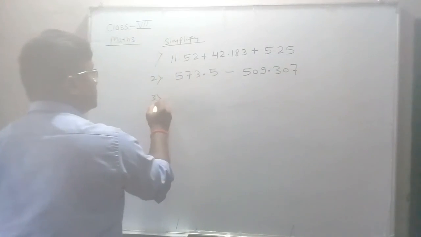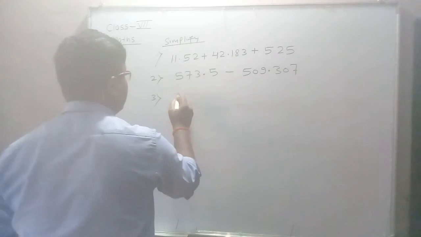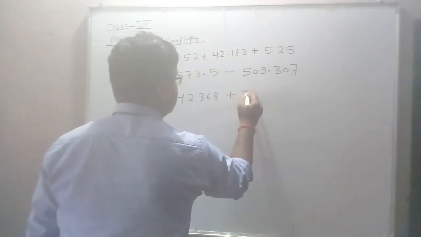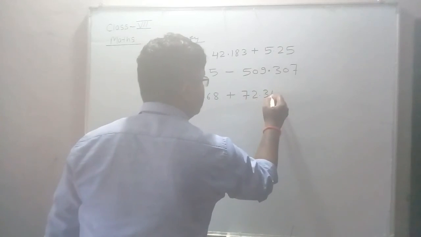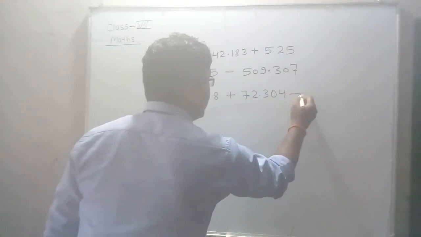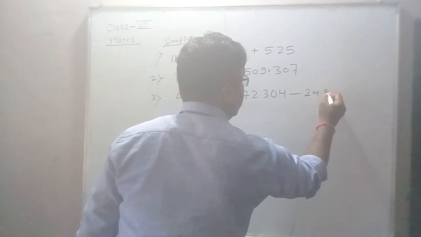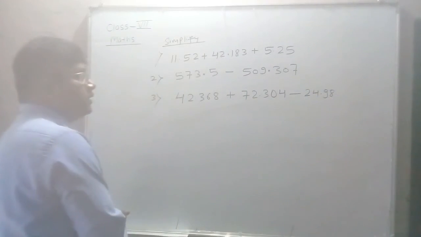Okay, number 3: 42.368 plus 72.304 minus 24.98. Okay, please do it.